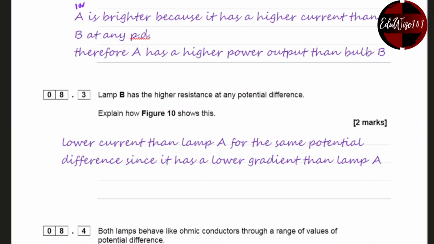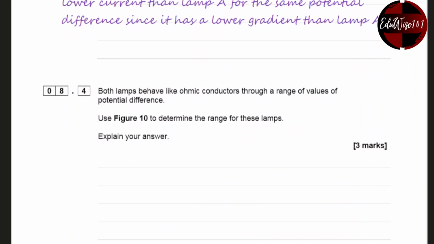Question 8.4. Both lamps behave like ohmic conductors through a range of values of potential difference. Use figure 10 to determine the range for these lamps. Now, what does an ohmic conductor mean? An ohmic conductor is a conductor which obeys Ohm's law. So, what does Ohm's law mean?